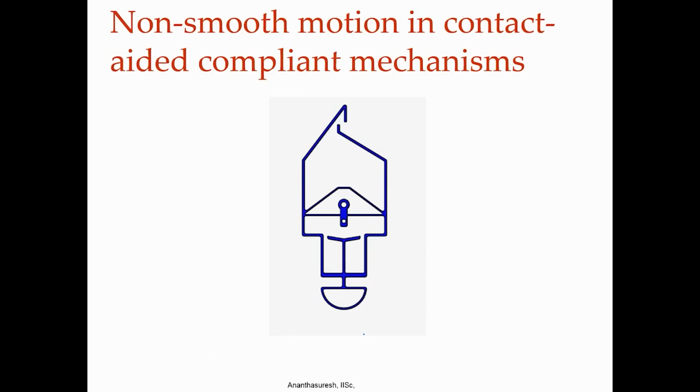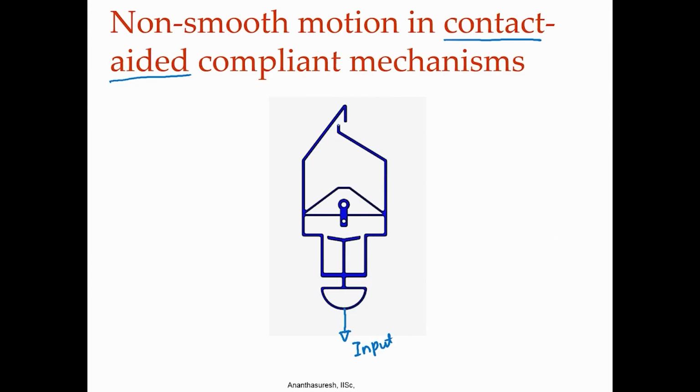Now, let us go to another kind of nonlinearity which is found in what we call contact aided compliant mechanisms. In this particular one, the input force is simply a smooth input, that is, you attach it to a linear actuator and keep pulling at a constant rate in the same direction.